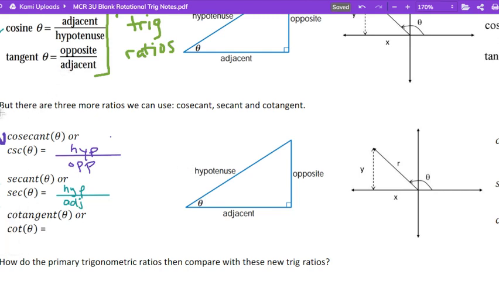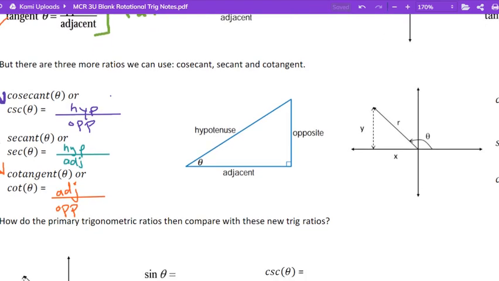And if cotangent is the reciprocal of tangent, what is the formula for cotangent? Okay? So as we can see, nothing crazy new, just some reciprocals.